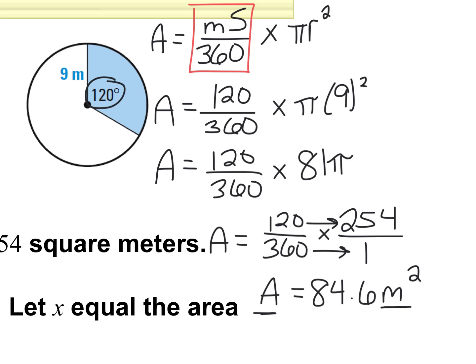Now, how can you check to see if your answer is in the right vicinity? You could plug it back in, but what did this number give us right here? Related to the circle, what is this? 254. It's the whole circle, the area of the circle.